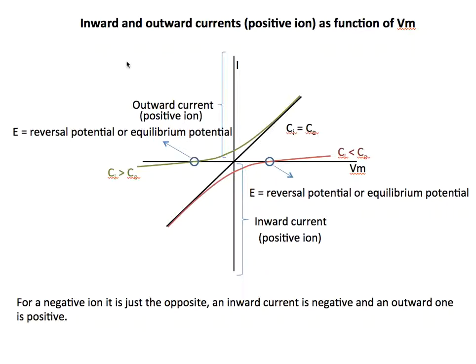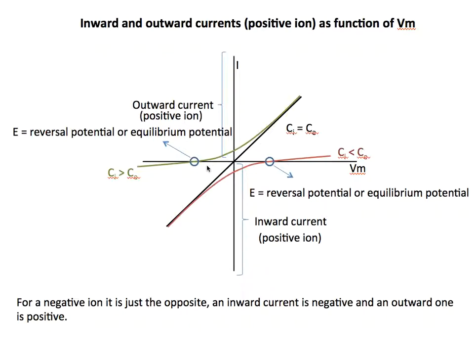I didn't think it was that easy to understand this graph. So here we go. An outward current, which I explained is positive ions leaving, that's your positive current. So what's important to understand is that these two intersections right here and here tell you exactly the potential you need. So VM is your potential and I is your current.